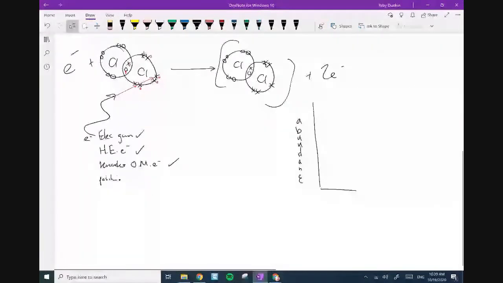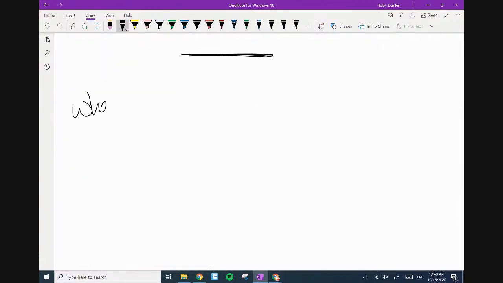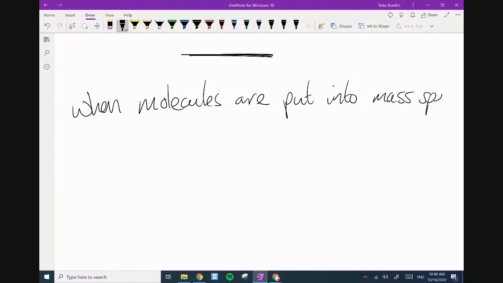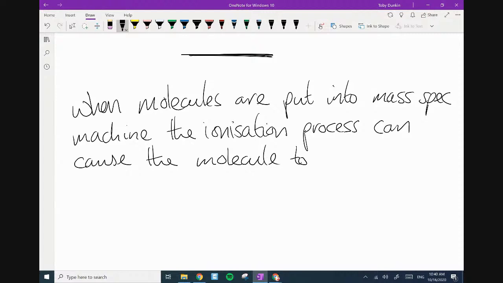Okay, so when molecules are put into mass spec machines, the ionization process can cause the molecule to fragment.